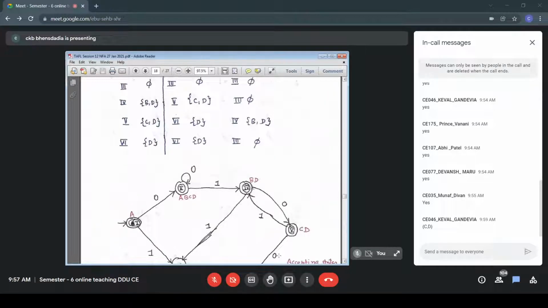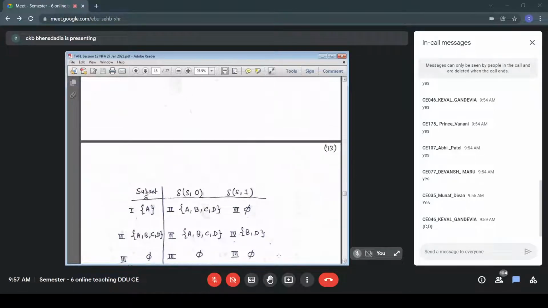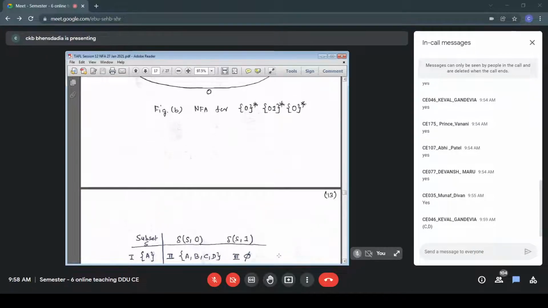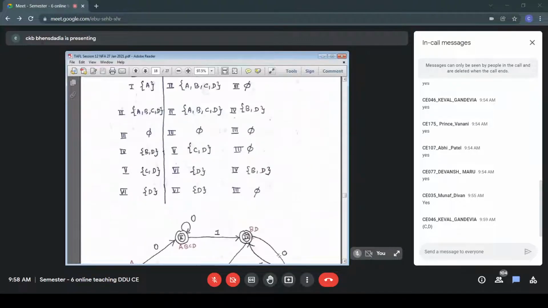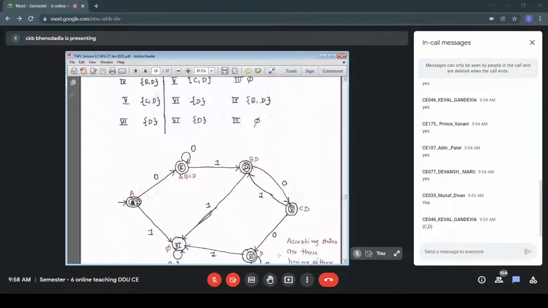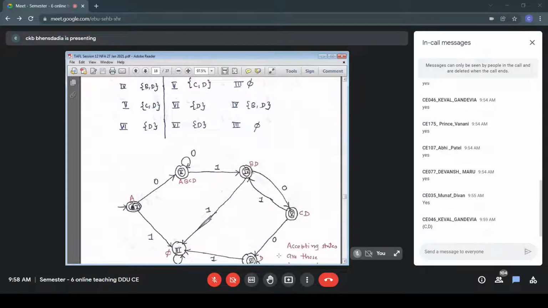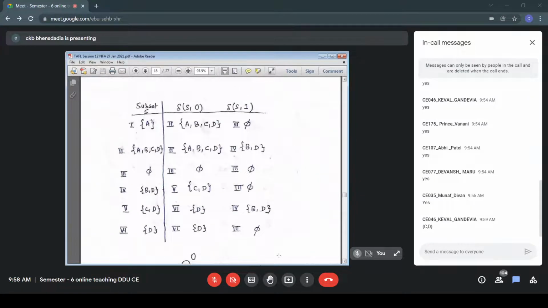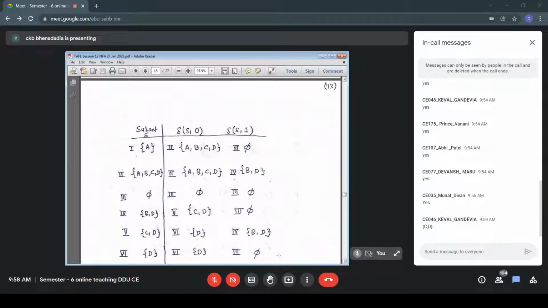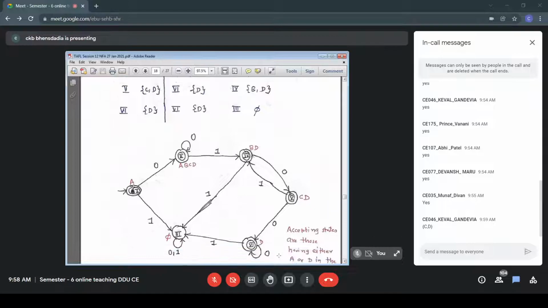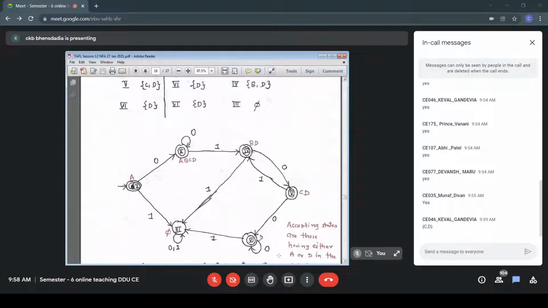Transitions we know. A on 0 is 2 and on 1 it is 3. Similarly, we take label 6. 6 on 0 is itself, and on 1 it is 3.